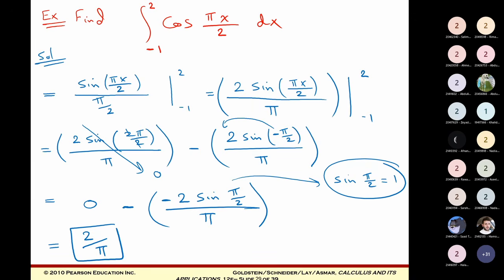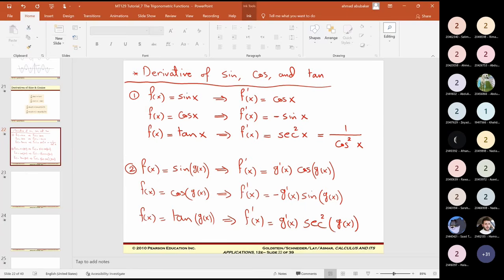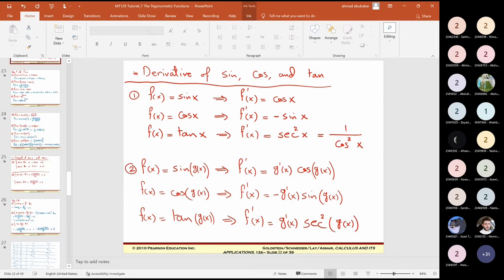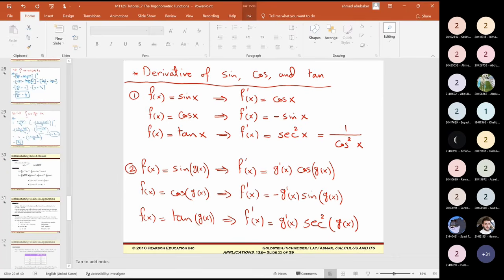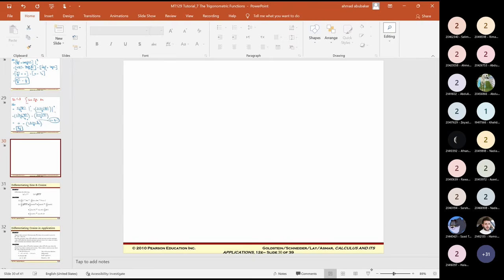The last example is an application of integration, the average value.